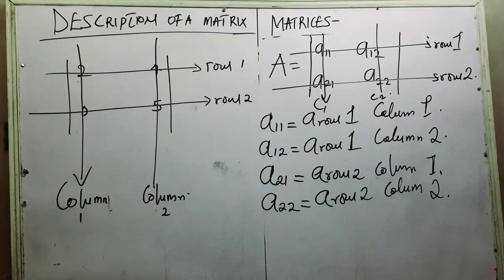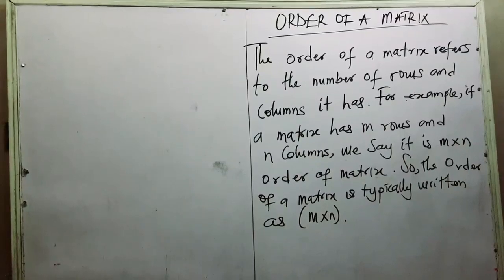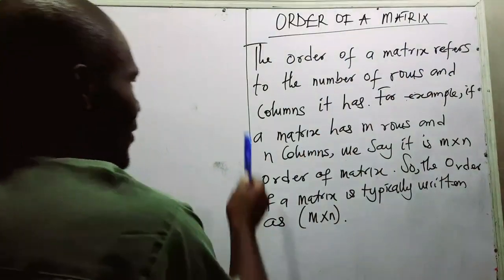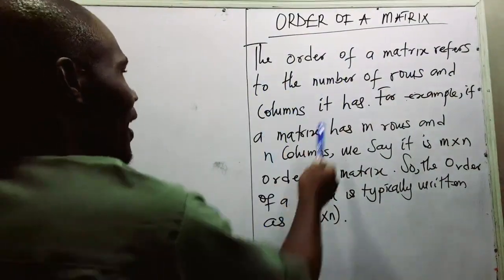Now there is something we call the order of a matrix. What do you understand by the order of a matrix? The order of a matrix refers to the number of rows and columns it has.